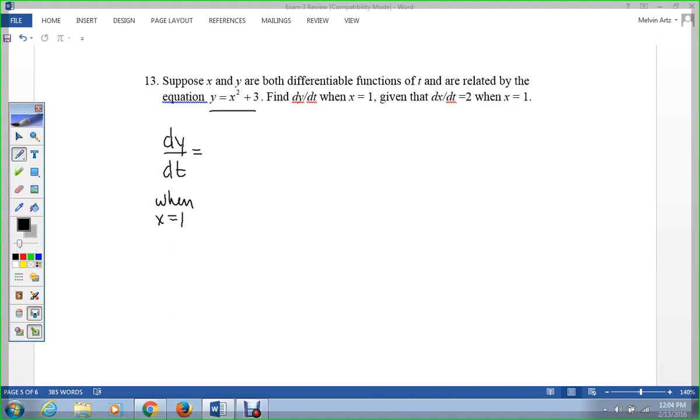So we're going to go back to this equation and take the derivative. So our related rate equation would be dy dt equals 2x dx dt, and then 3 goes to 0. So we're trying to find dy dt.